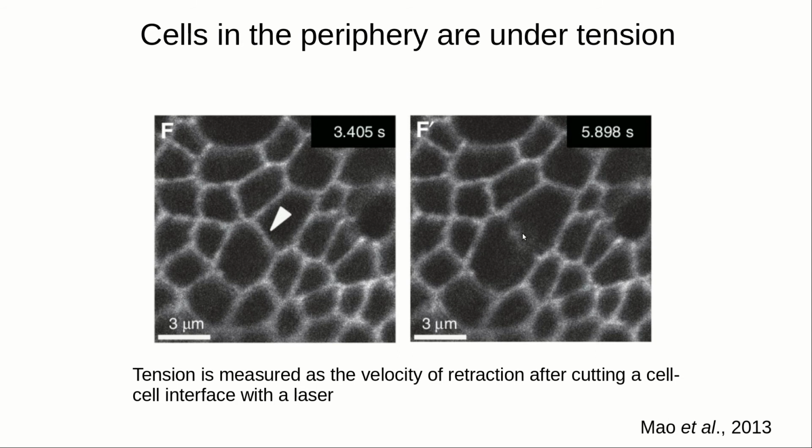Okay, it's like cutting some string. The string retracts very fast, and the more tension there is, the faster the string retracts. So this is what they measure. They measure the velocity of tissue retraction surrounding the junction that has been cut.